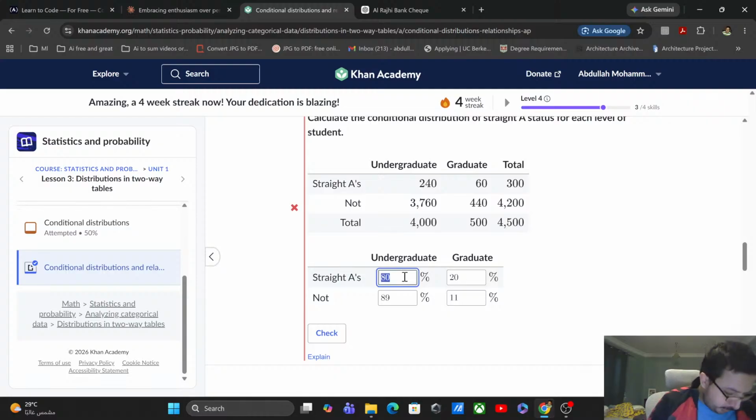So we got 240 over 4,500. That's 5%, 0.3. And then we got 60.